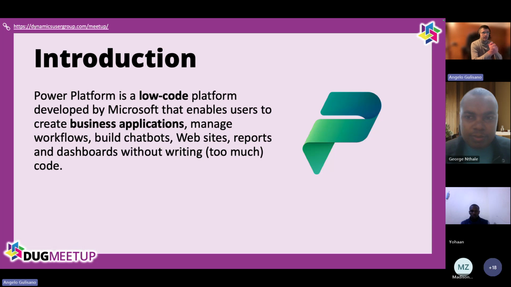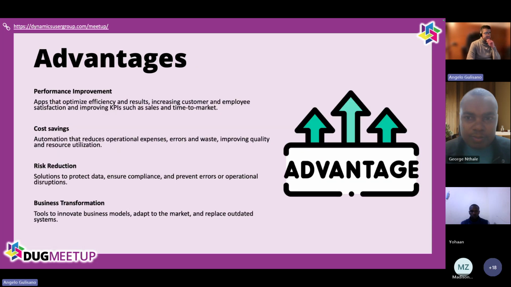It's a low-code platform, and it has a lot of advantages from a performance point of view. We get a real performance improvement because our applications help companies to work more efficiently, and this translates into better results, greater employee and customer satisfaction, and reduced time to market.